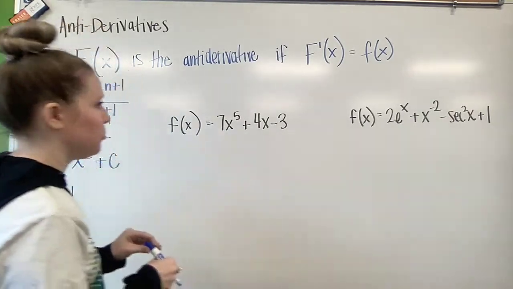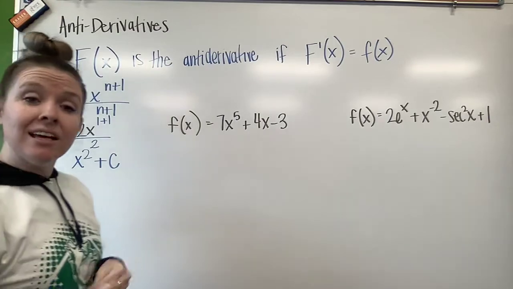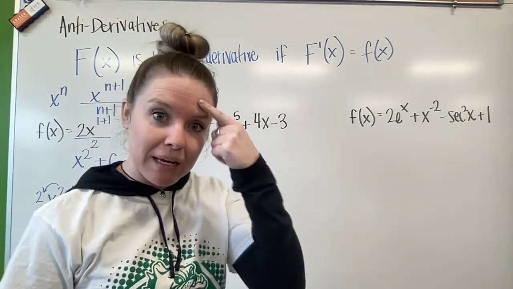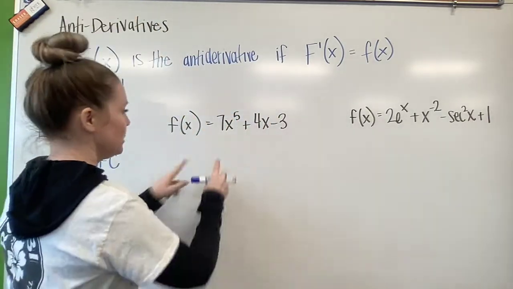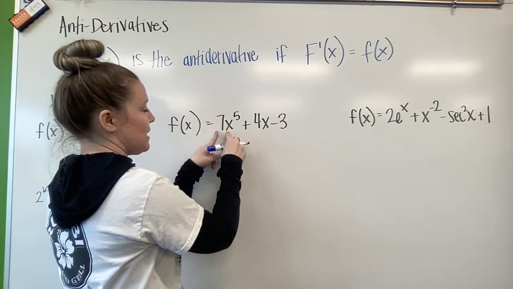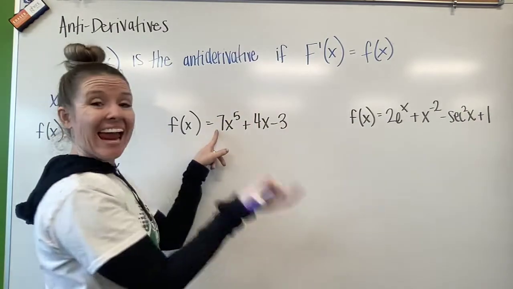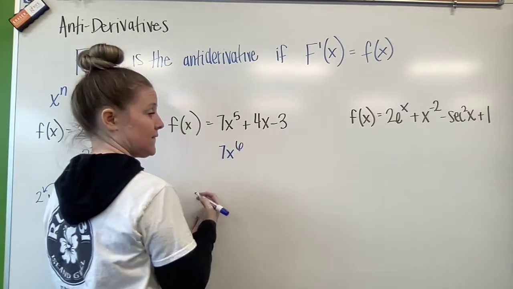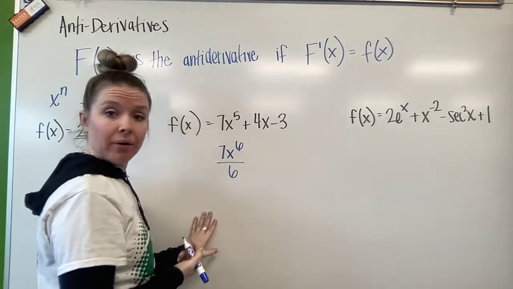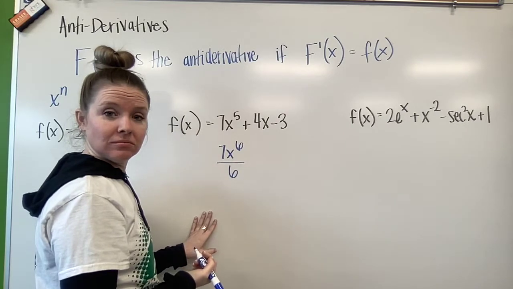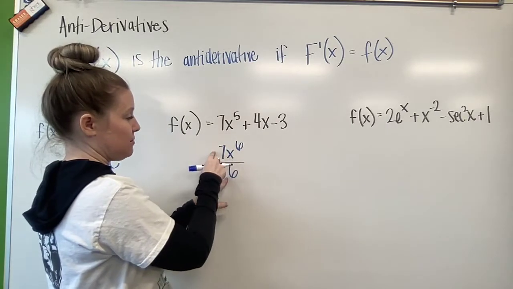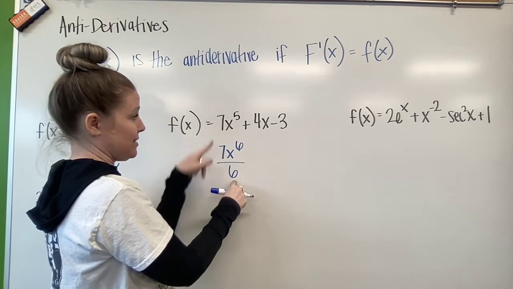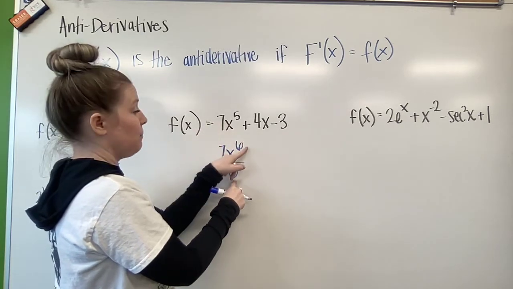Let's move forward. We got a couple more examples here. And again, it's remembering these derivatives and working backwards. So here, the antiderivative of 7x to the 5th, I'm going to add 1 and divide by the new power. So if I took the derivative, 6 times 7 is 42, divided by 6 is 7, minus 1 is 5.